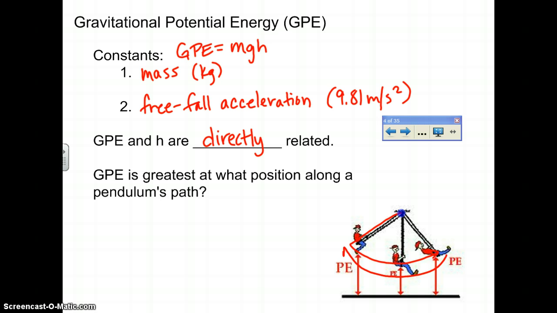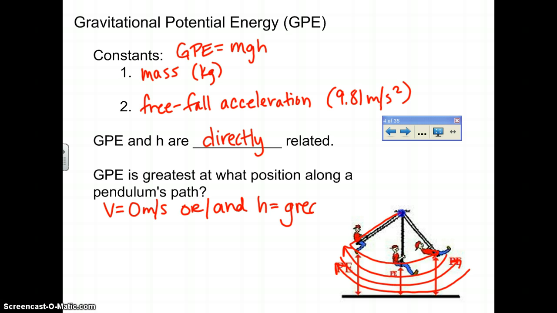And you go back to your start position, and you're swinging back here. And you go back to your start position, okay? Where are you going to be traveling with the most GPE? GPE is going to be greatest when your velocity equals 0 meters per second, and your height is greatest.